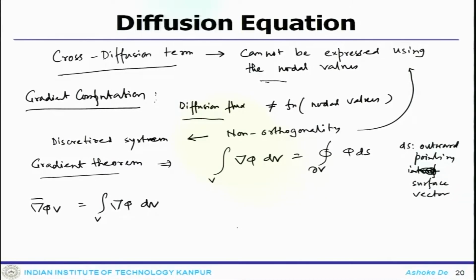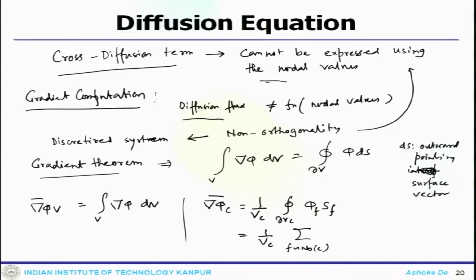Now, once you combine these two, what you get for a system is that del phi c average value is 1 by V c times the surface integral of phi f S f. Once you integrate over the cell faces, this will lead to 1 by V c times the summation over nb c of phi f S f.